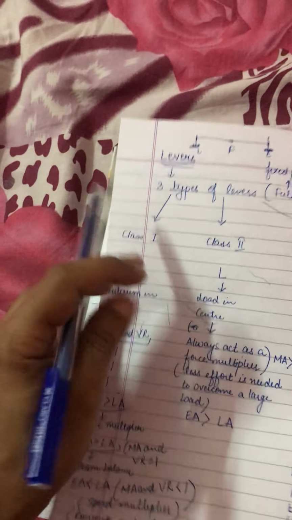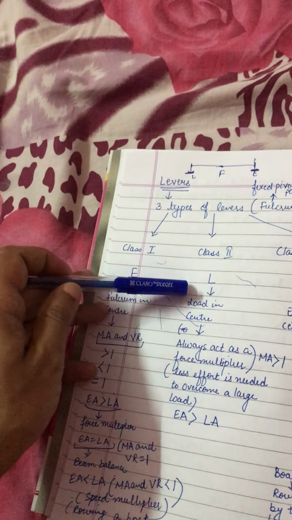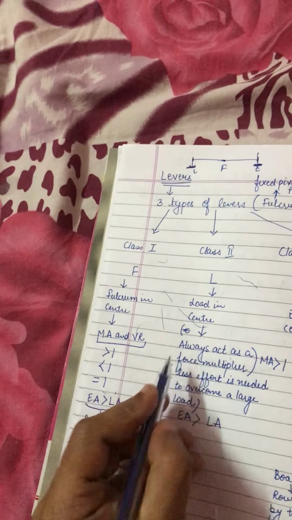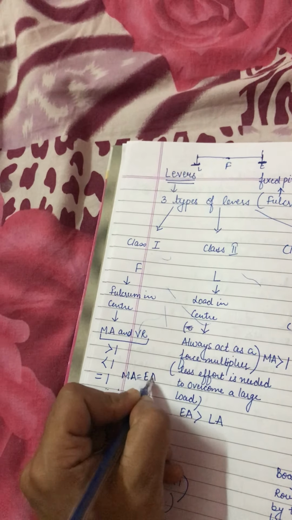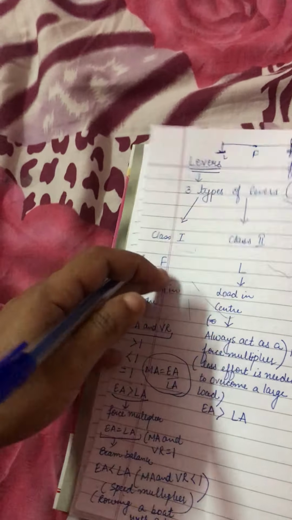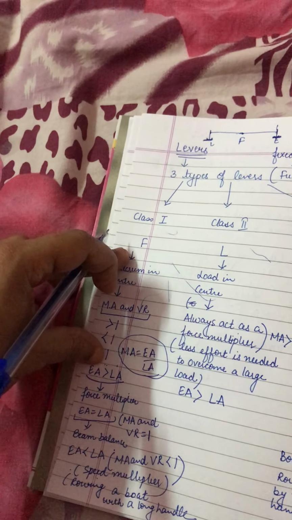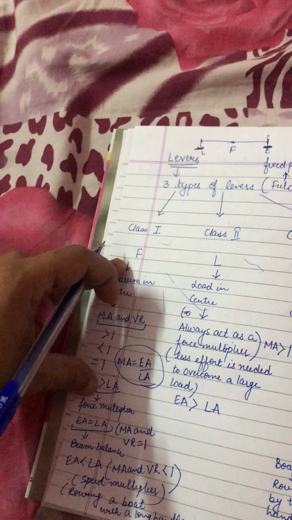I hope in 7th standard you also remember this. There we have done that mechanical advantage is equal to effort arm upon load arm. Mechanical advantage can also be represented as effort arm upon load arm, as it is represented as load upon effort. If effort arm is greater, mechanical advantage is greater than 1, force multiplier.